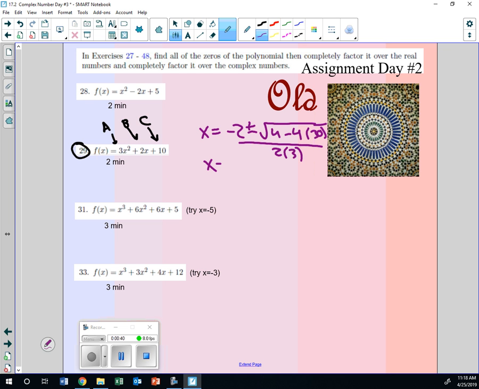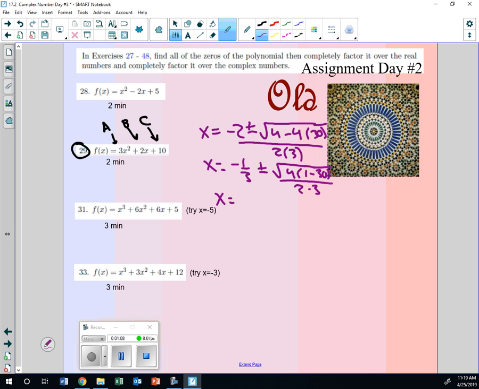So x is going to be equal to negative 2 over 6, or negative 1/3, plus or minus the square root, what's that going to be? I can take out a 4, so that's going to be 4 times 1 minus 30. What's 1 minus 30? 29, right?